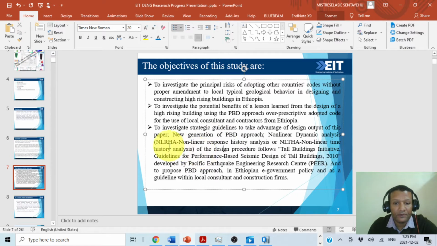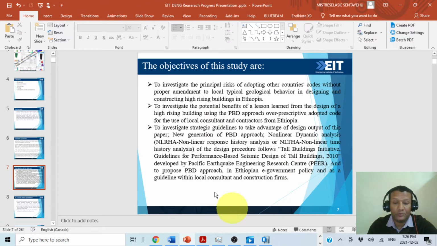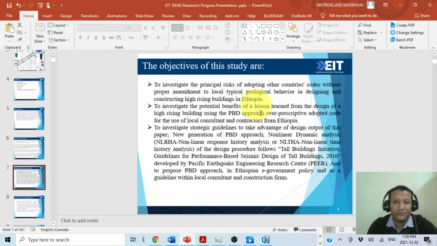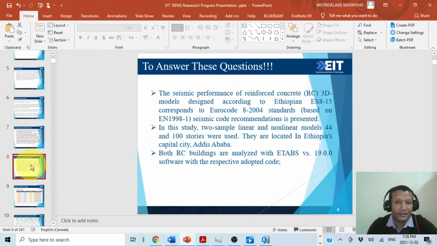All are the same, only this one is direct integration, and I will also show you the design procedure: Tall Buildings Initiative Guidelines for Performance-Based Seismic Design of Tall Buildings 2010, developed by the Pacific Earthquake Engineering Research Center, PEER, and to propose the PBD approach in Ethiopian e-government policy and as a guideline for local consultants and construction firms. These are the objectives. Once the questions are answered, then for sure the objectives will be addressed.